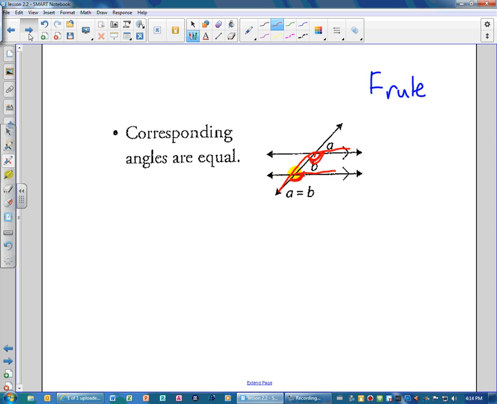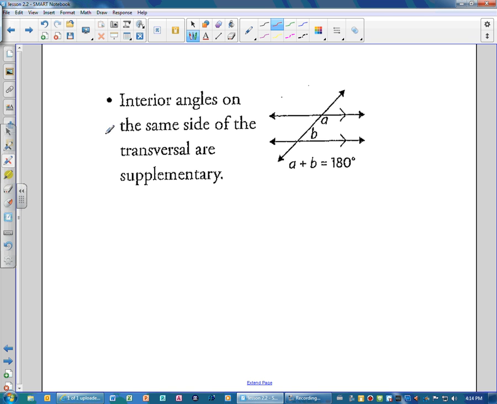Next. Interior angles on the same side of the transversal are supplementary. Interior angles, meaning the inside. So that's the interior on the same side. They're not alternate, they're on the same side. Okay, what does supplementary mean? We went over that in 2.1.